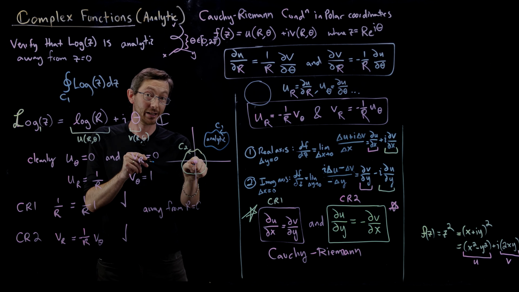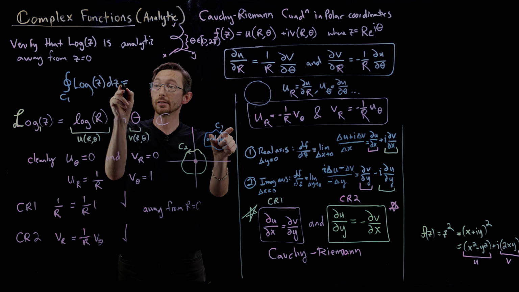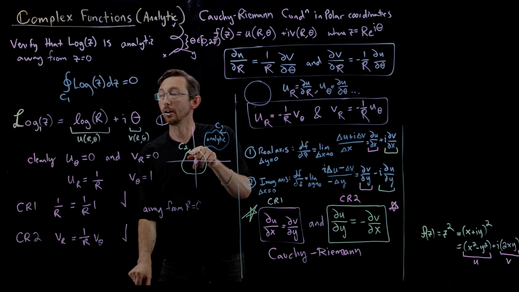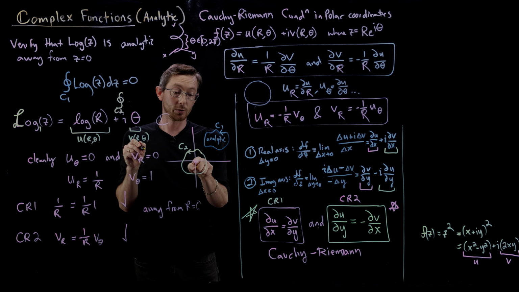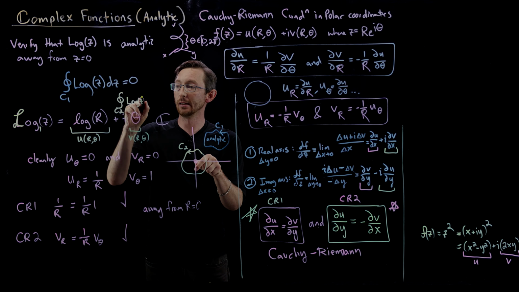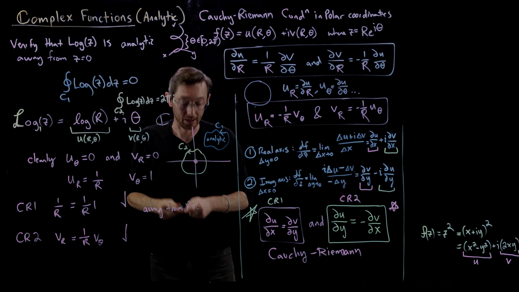Log is not analytic everywhere inside of this curve, but it is analytic here, so this integral is going to equal 0. And what I claim is that the integral on this second contour, which has this weird singularity point, of log z dz, is going to equal 2 pi i, okay?